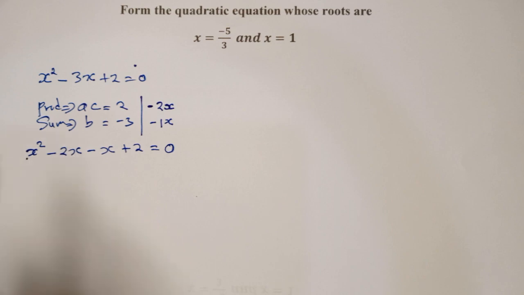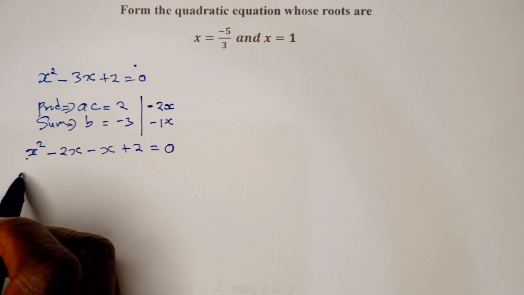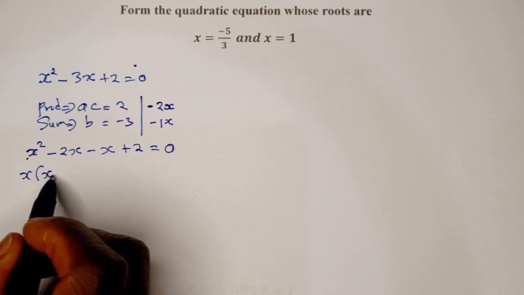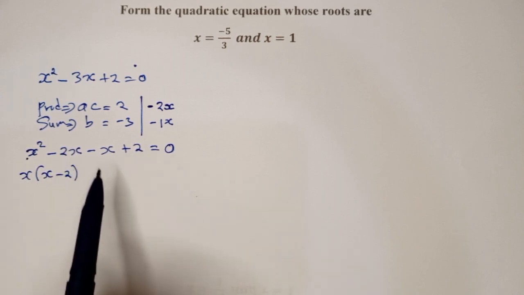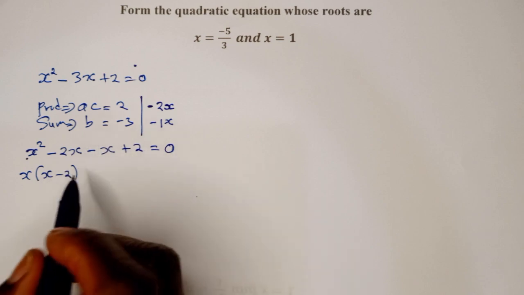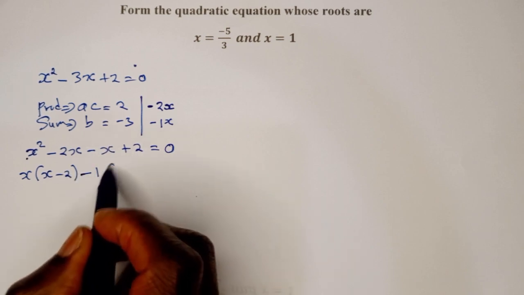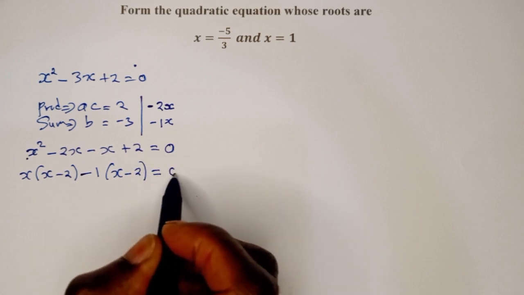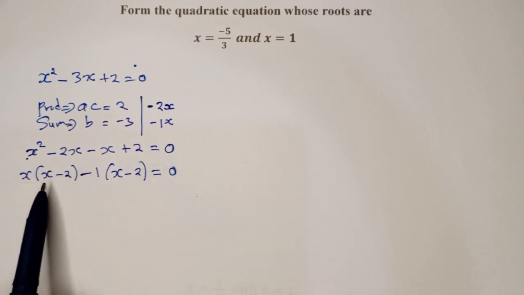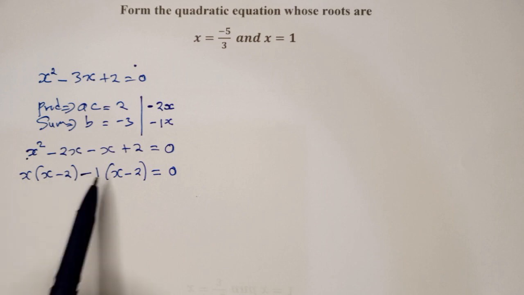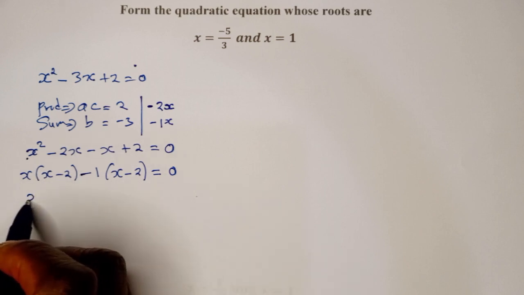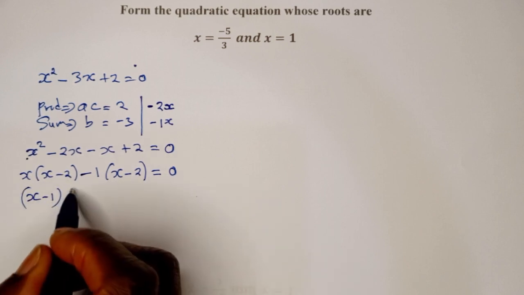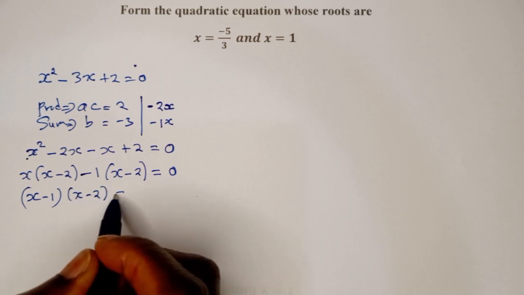It is x, so you factor it outside, and we have x into x minus 2. Then you check what is common between these two, which is negative 1. You factor it outside, so you remain with x minus 2 inside the bracket equals 0. Since these two are common, you put these two under one bracket, so this will be x minus 1 and x minus 2 equals 0.